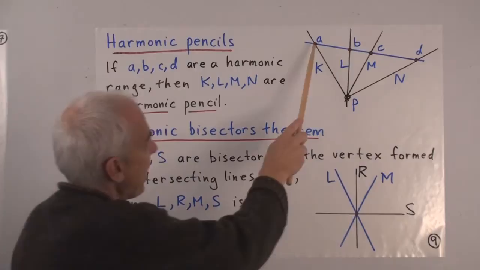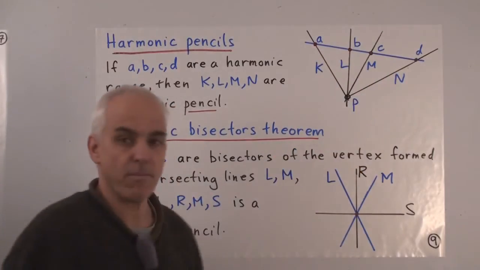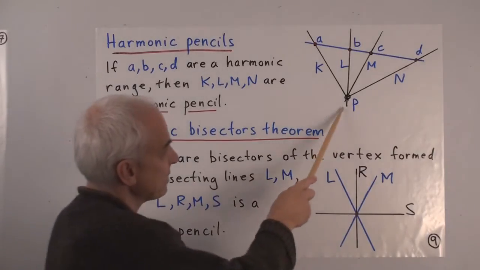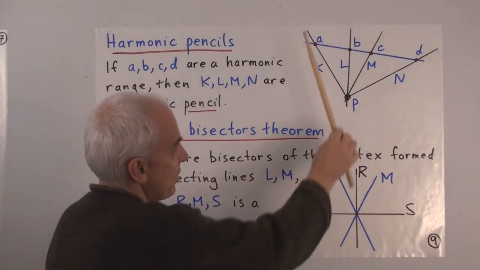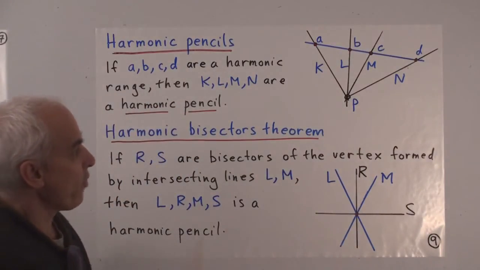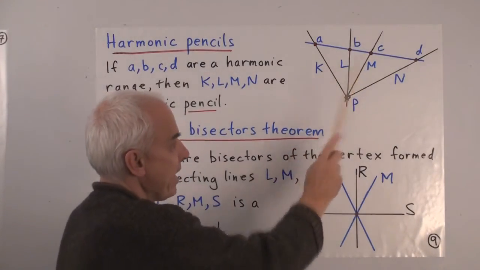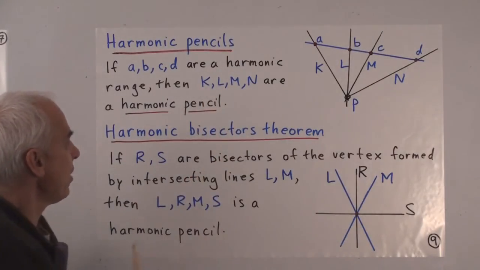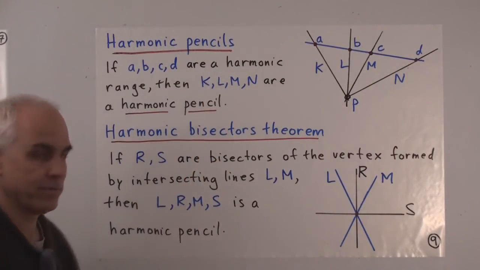So suppose that A, B, C, and D are a harmonic range of points on some line, and P is a point not on the line, and we connect those 4 points to P, forming lines K, L, M, and N. Then we'll say that K, L, M, and N are a harmonic pencil.